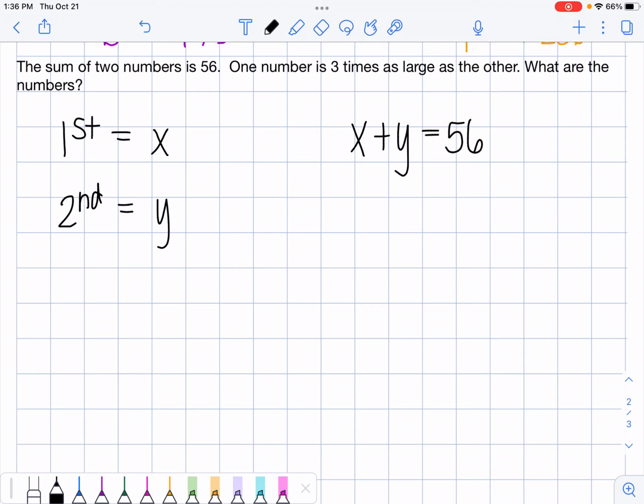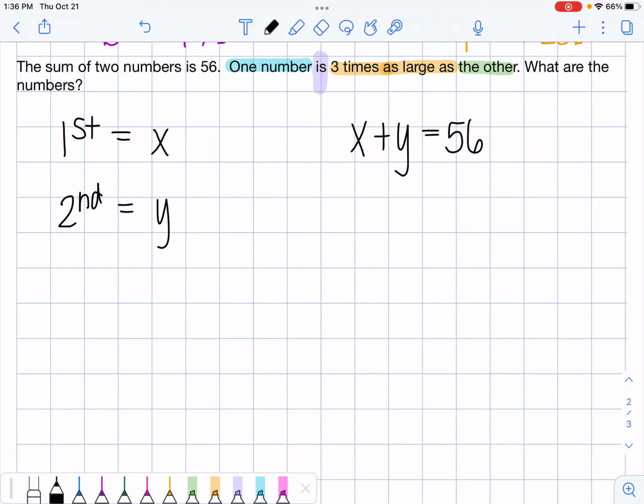Now I'm going to decode this next sentence. One number is 3 times as large as the other number. It doesn't matter which one you choose. So let's just say one number is the first number.